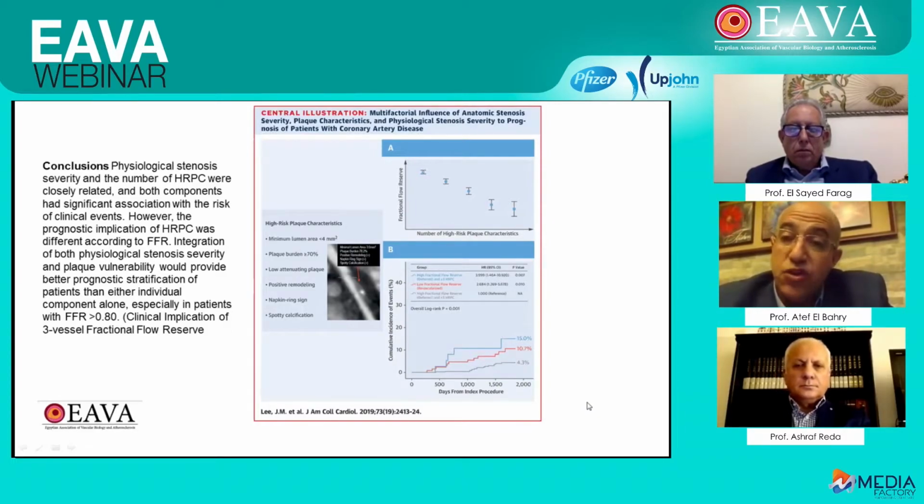We will detect the vulnerable plaque and also the vulnerable patients. We will detect the high-risk plaque characteristics, which is important for risk categorizing the patient: minimal lumen area less than 4 millimeter square, or plaque burden more than 70%, or low attenuating plaques by CT, positive remodeling by CT, napkin ring sign by CT, and spotty calcifications by all imaging modalities we have.